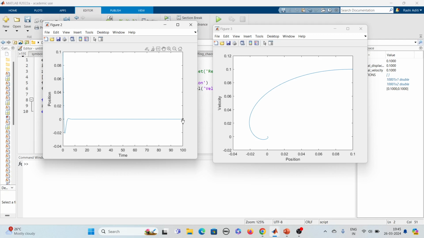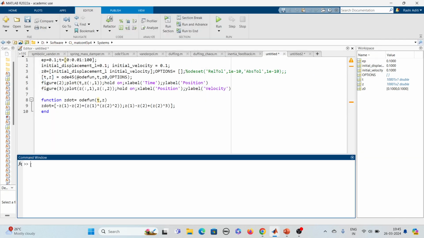Also, what I can do is I can find it like this also. I can write z, Z is my variable. Now Z has two data with itself: one is the position and the second one is the velocity. I want to know both the velocity and the position. So what am I going to do? I'm going to write Z of length of Z, comma colon, 2.